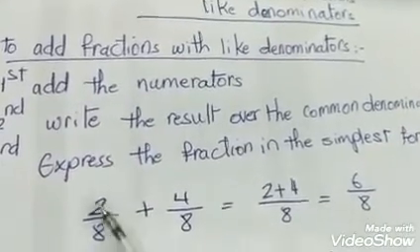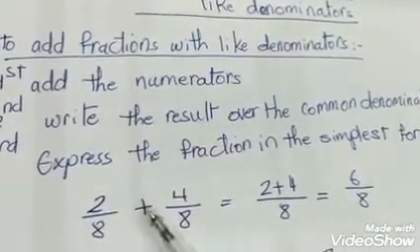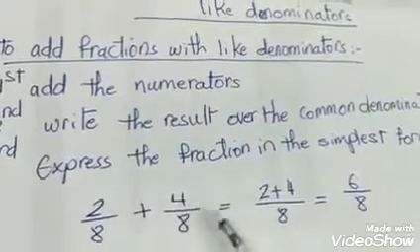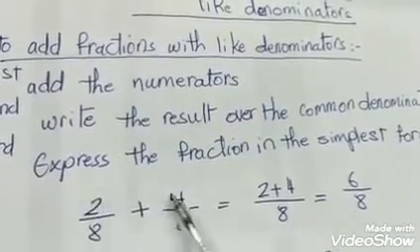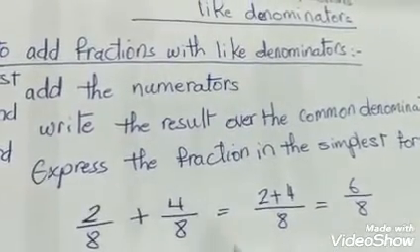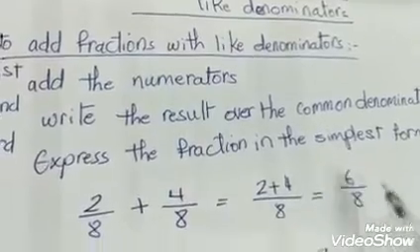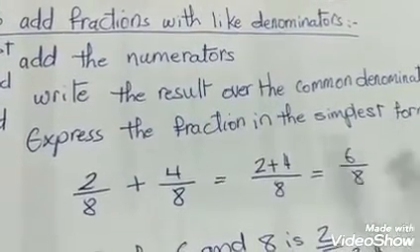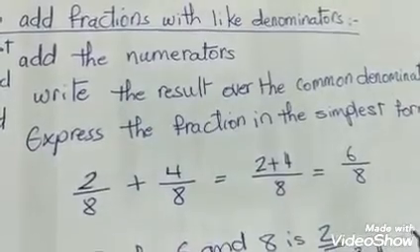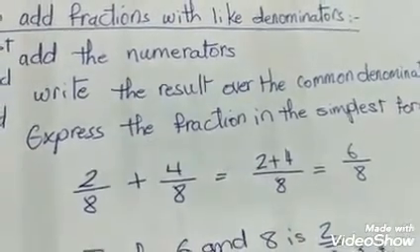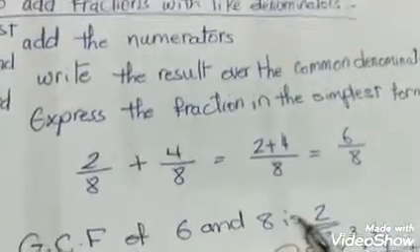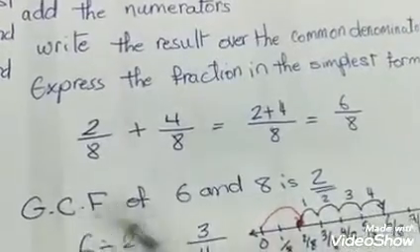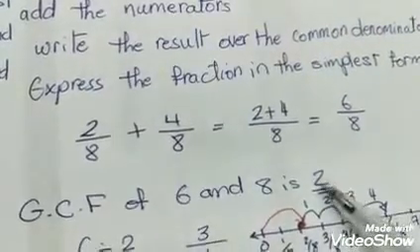Like what? If I have 2 over 8 plus 4 over 8, now I will add the numerators. 2 plus 4 equals 6 over the common denominator, which is 8, so it will be 6 over 8. The GCF of 6 and 8, okay, is 2. The greatest common factor between 6 and 8 is 2.